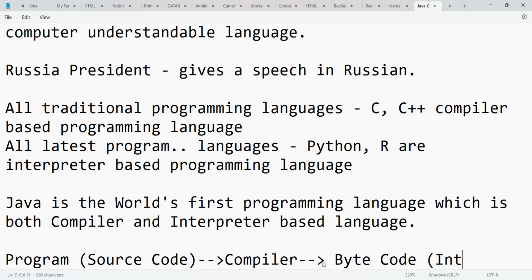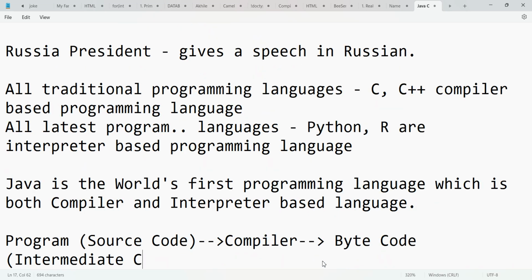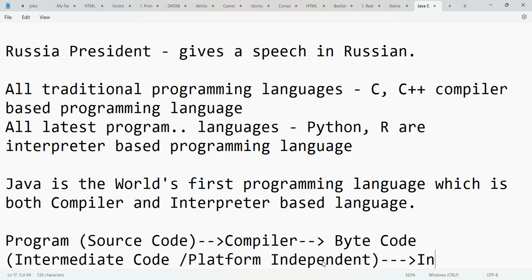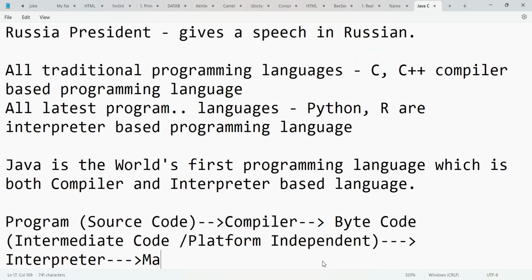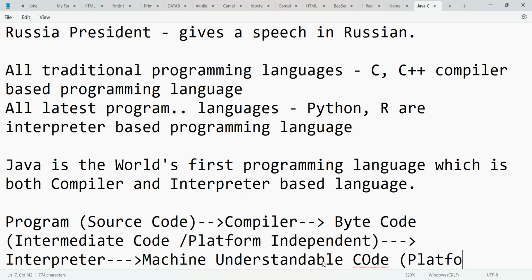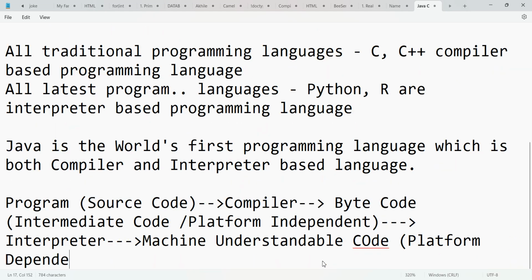Bytecode is also called intermediate code, and this is platform independent. Then this bytecode is taken by the interpreter and converted into machine understandable code. And when I say machine understandable code, this is platform dependent.